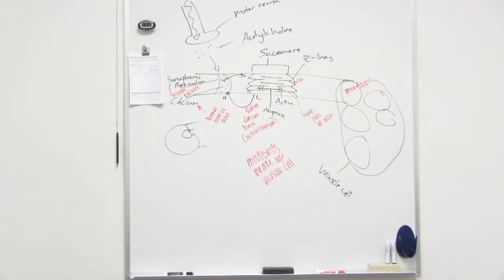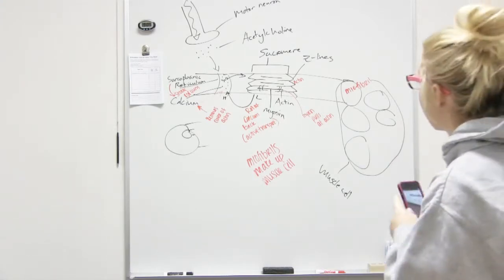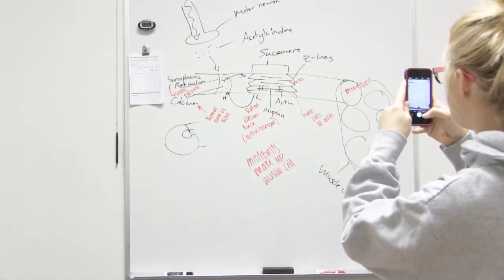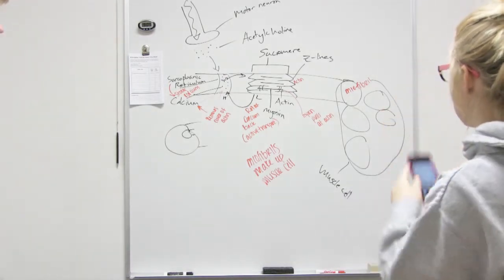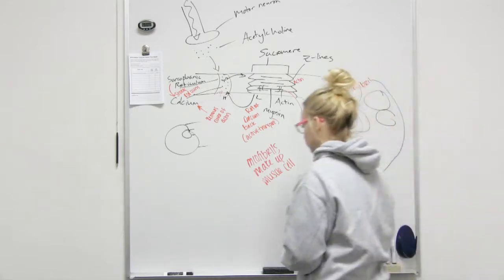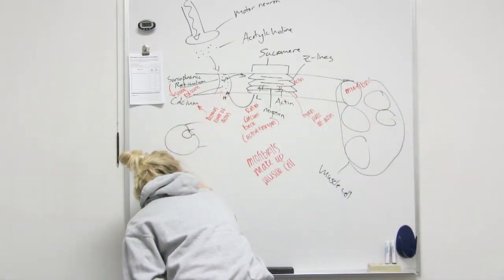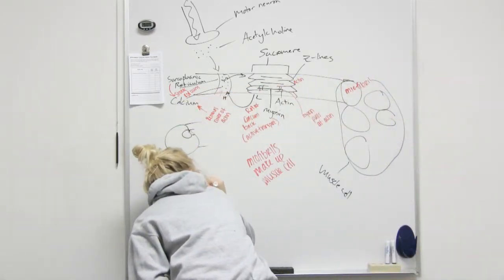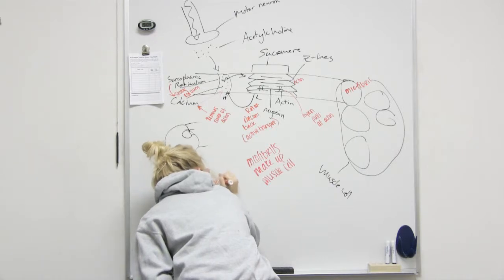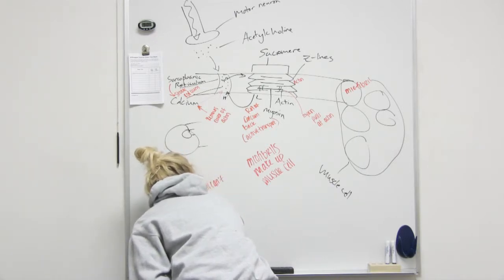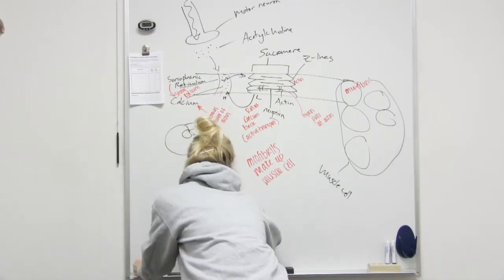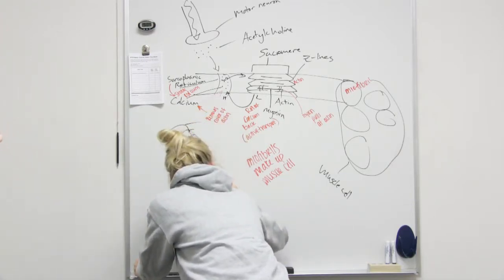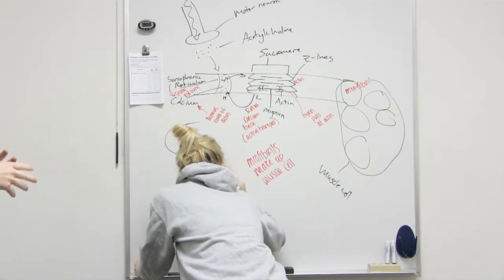Why does the cover need to be removed from the actin? Because the myosin heads can't grab onto it if it's not removed. It's the way your body prevents your muscles from constantly being contracted. When you die, there's nothing that brings the calcium back, and so you get into a state called rigor mortis, which means all your muscles are contracted and the person's stiff.